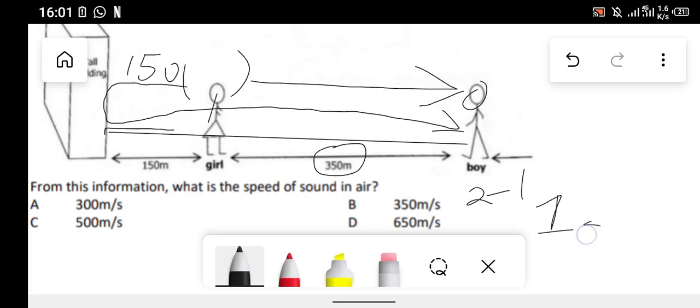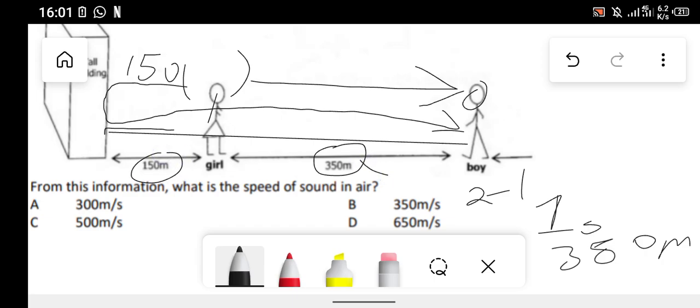Then to find the distance, you need to find the difference between the direct sound and the reflected sound. We know that the direct sound has moved 350 meters, and the reflected one has moved 150 plus 150 plus 350.